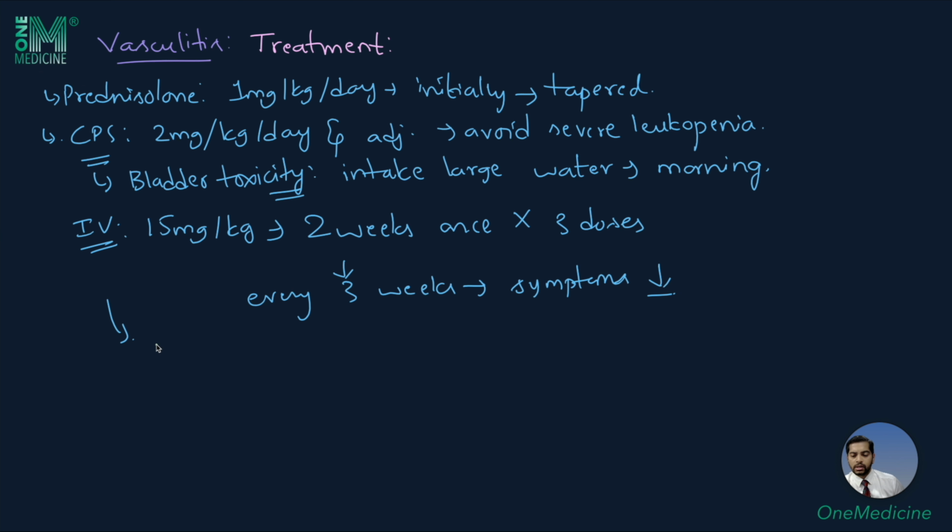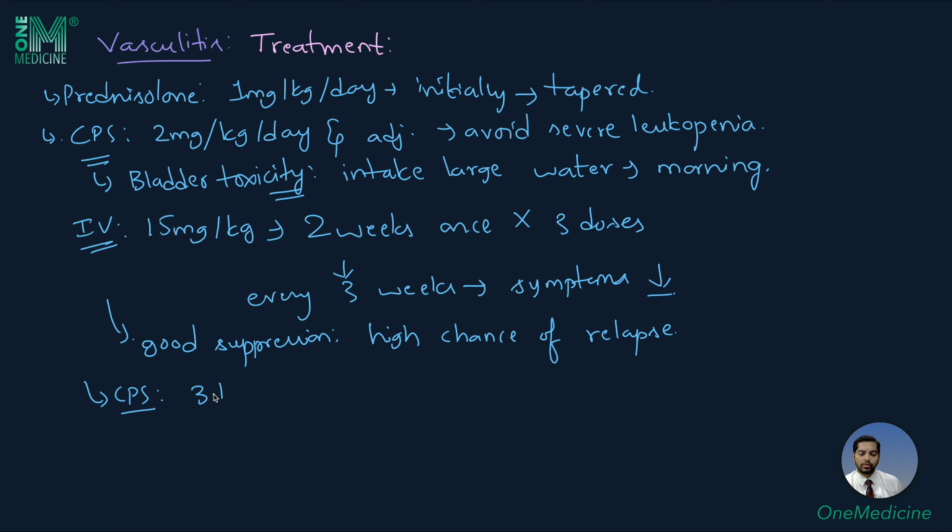This regimen is associated with good suppression, but there is a high chance of relapse. Treatment with cyclophosphamide should be given for a maximum of 3 to 6 months, along with transition to oral methotrexate therapy.